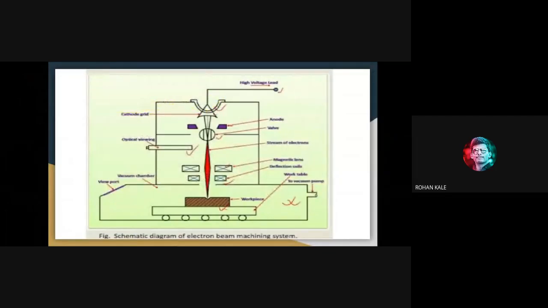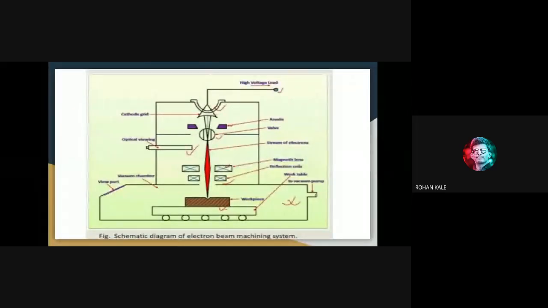Through that we will get the high velocity electrons, and then we can get the stream of electrons. And here we have the machining chamber, and in that machining chamber, vacuum is there. So machining will occur in vacuum in this electron beam machining. So remember this point. In an MCQ based exam, that time definitely this question will be there.